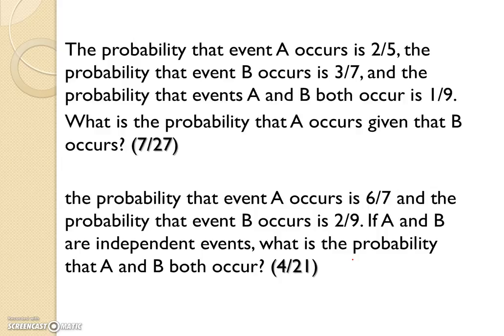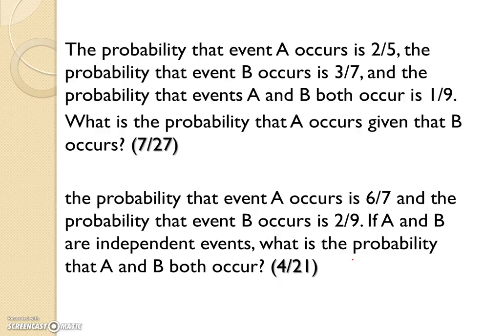The probability that event A occurs is 6/7, and the probability that event B occurs is 2/9. If A and B are independent events, what is the probability that A and B both occur? And that is 4/21. You get these by multiplying, for example in problem 1, 2/5 and 3/7 together.